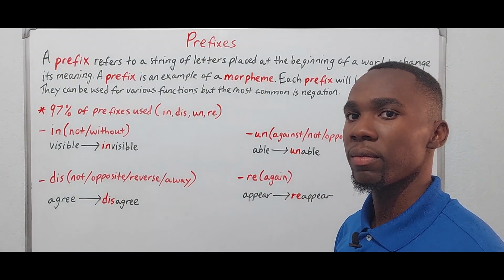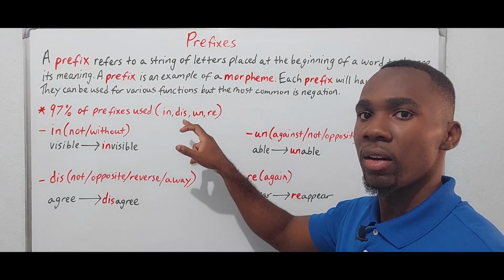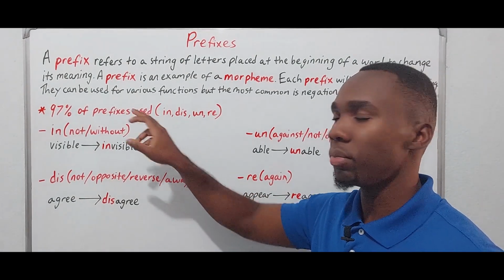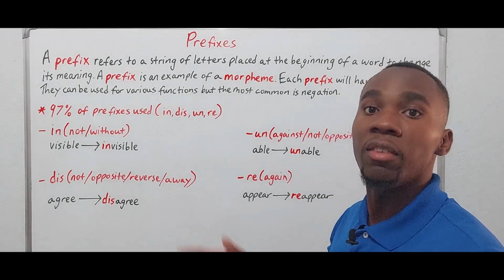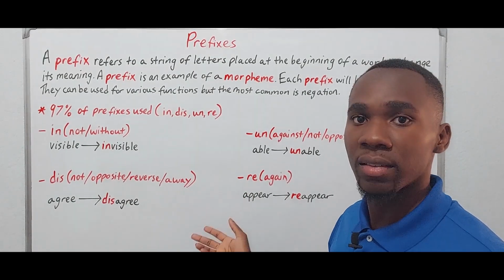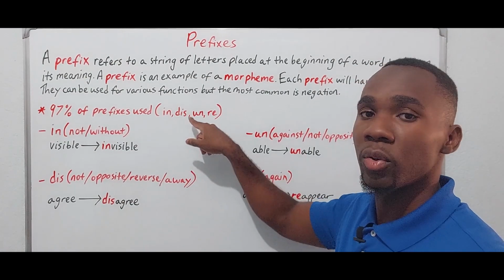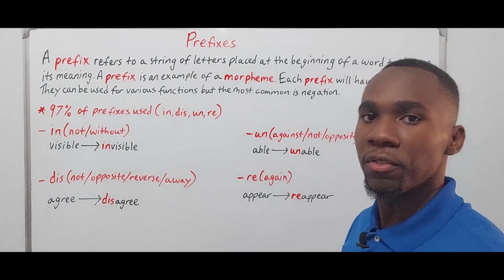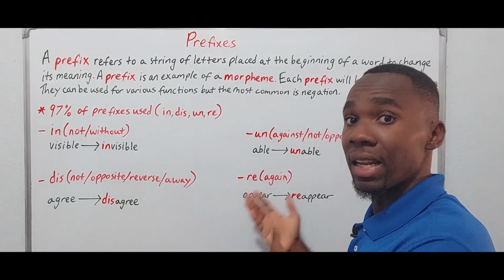These account for the majority of usage when it comes to prefixes. The other 3% would be the rest of the prefixes that exist. But these 4 are going to be the most commonly used, so it would be fitting to use these for this lesson.